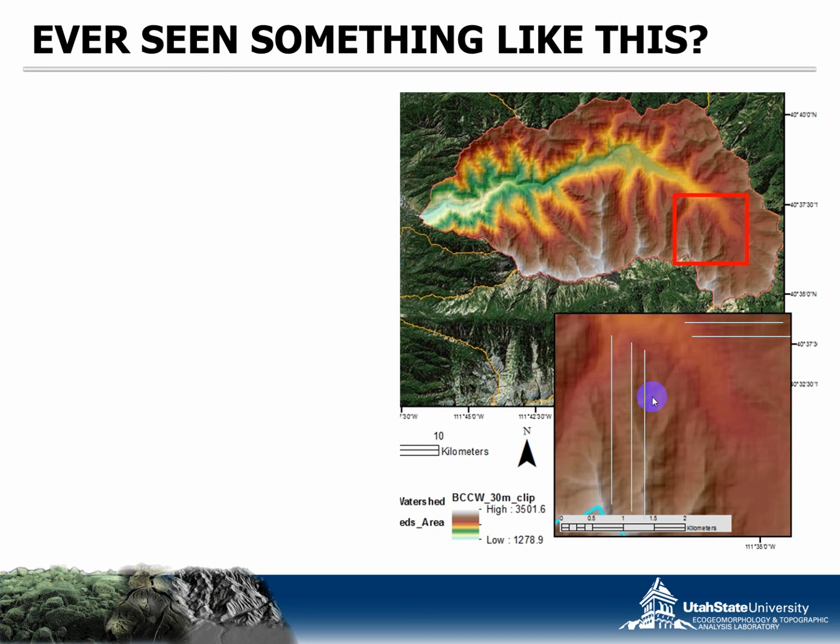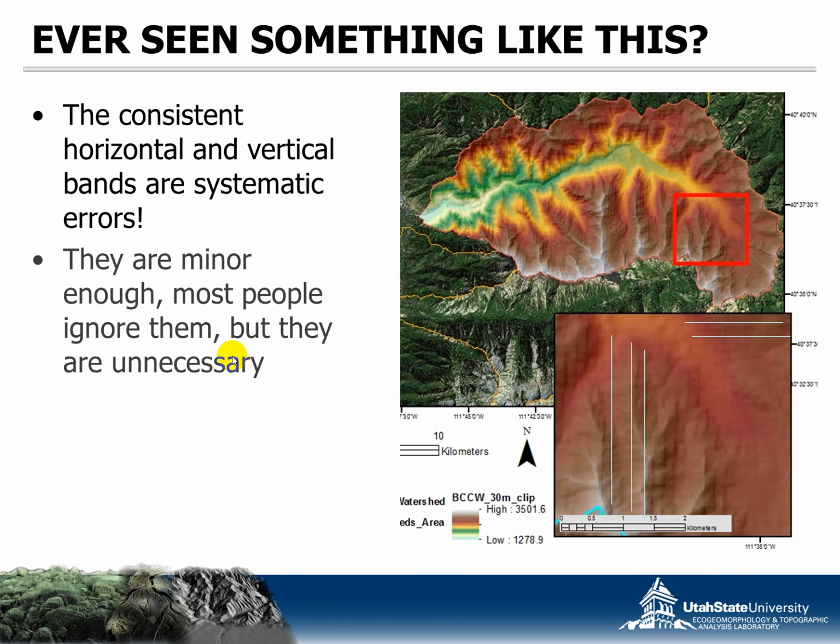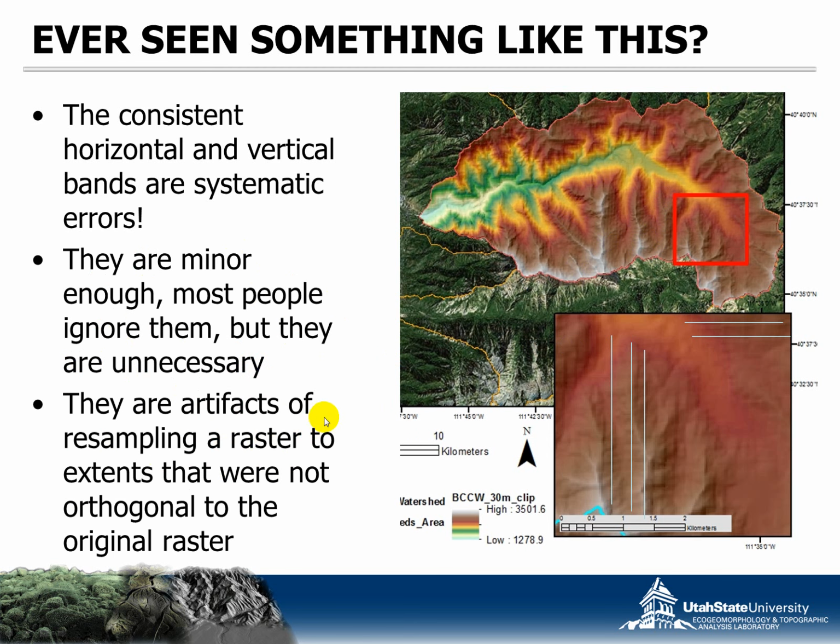These consistent lines are actually systematic errors, both vertical and horizontal, and they're minor enough that most people just see this stuff and look the other way and don't really think about it, but they're completely unnecessary. They come about as a result of resampling a raster to extents that were not orthogonal to the original raster.